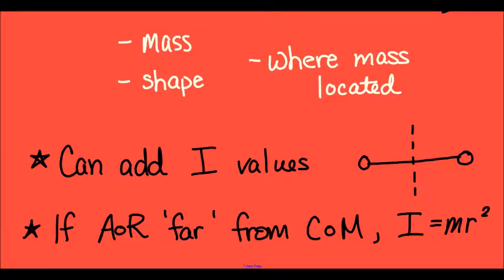Now, far is a relative term, of course. For the sake of our class, far would mean that the axis of rotation is at least maybe 3 or more radii away from the center of mass. I'll try to make it obvious when it's far and when it's not.